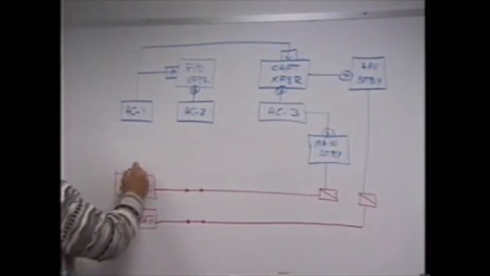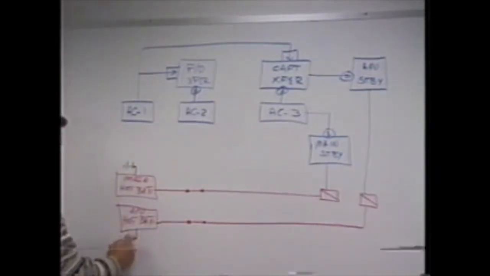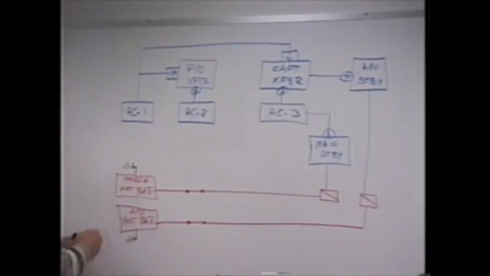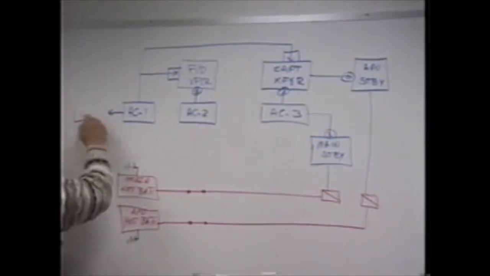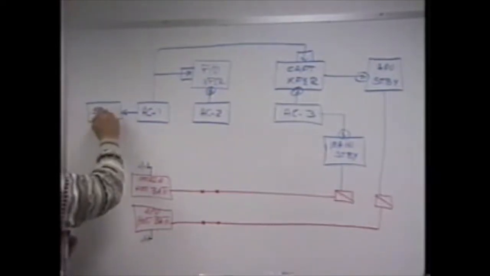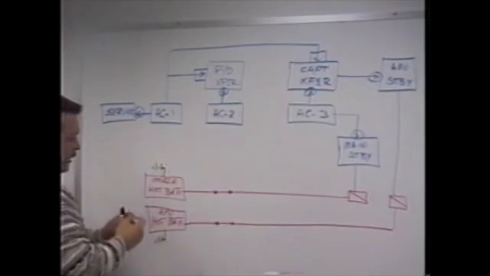This will drain the batteries if your service bus is not powered. Service bus is up here off of AC bus 1. If AC bus 1 is powered, it will power your service bus. That's your normal power source.